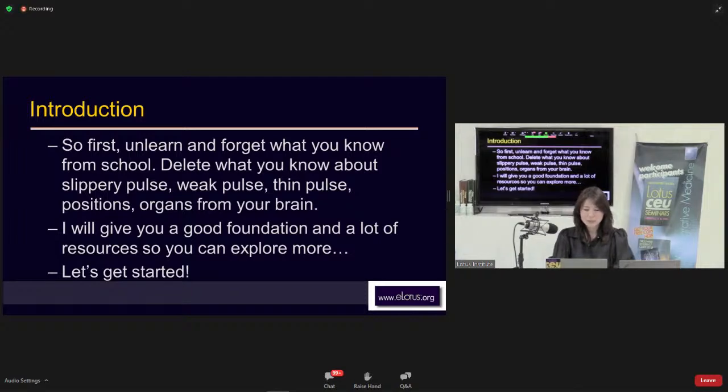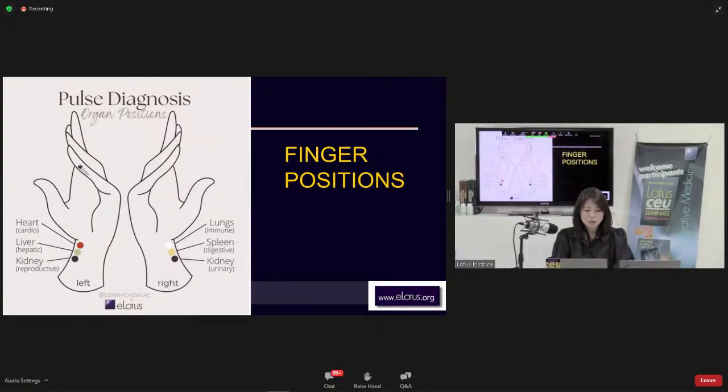Okay, next. All right, so let's go into the basics of the positions. This is something that you should know, if you don't know it already. I mean, the right cun, guan, chi and the left cun, guan, chi are these respective organs. Now, I think traditionally, we also say that the right side, especially the kidney position, is kidney yang, and the left side is kidney yin.